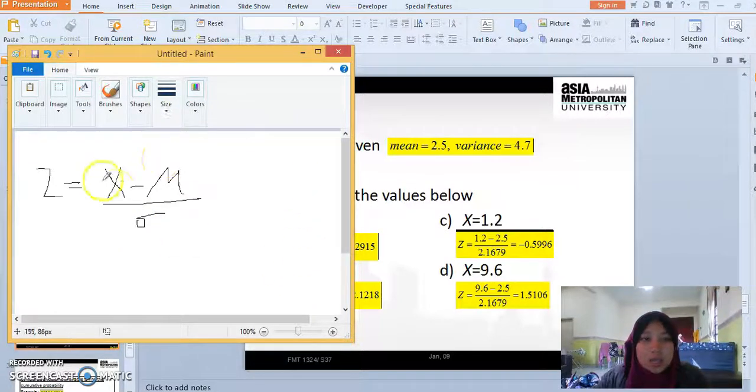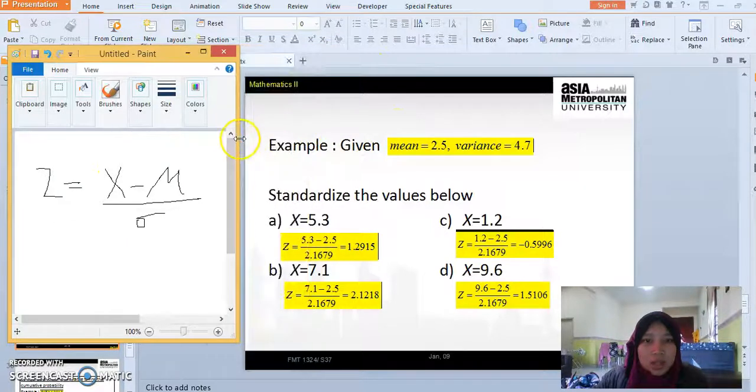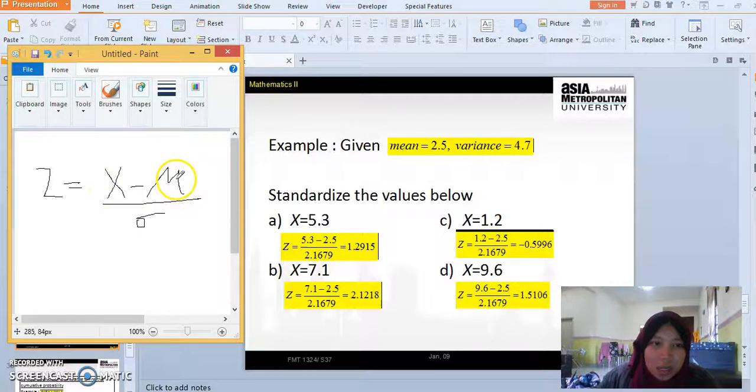Now this x is what you are measuring. You will be given this x, and mu is equal to 2.5, and the standard deviation would be the square root of 4.7.